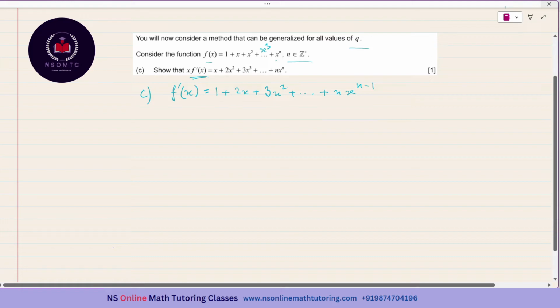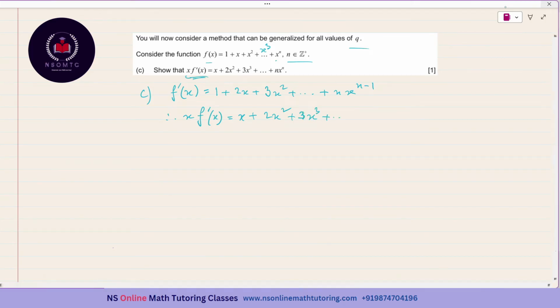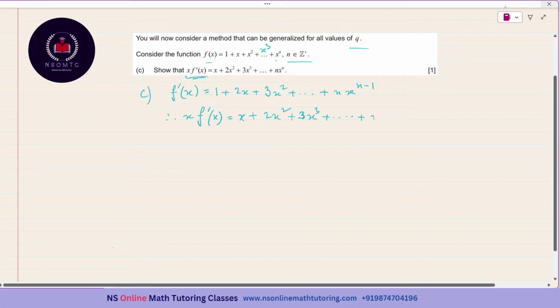And then we have to multiply this entire expression by x. Therefore, x times f dash x is equal to x plus 2x squared. x times 1 is x, 2x times x is 2x squared, plus 3x squared times x is 3x cubed, plus dot dot dot plus n times x to the power of n minus 1 times x is x to the power of n. Okay, shown.